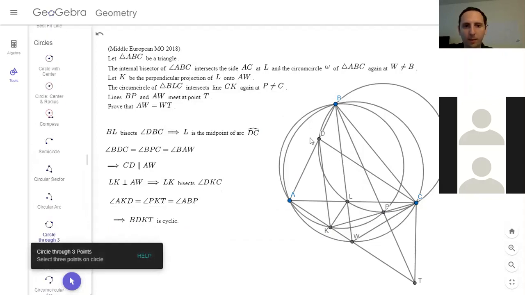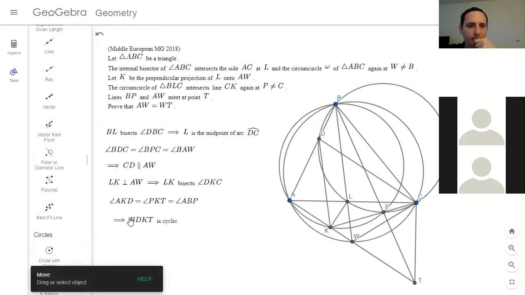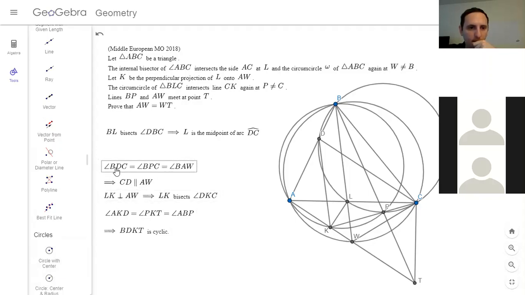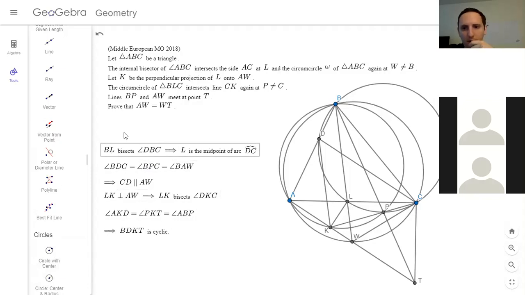But I never proved that BAKP is cyclic. So let me write that at the top. So that was just, wait, let me just think for a second. That was just BAK is equal to BDC by an angle chase, which is BPC.